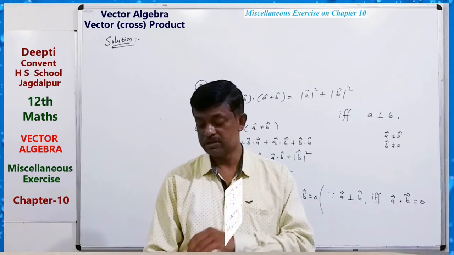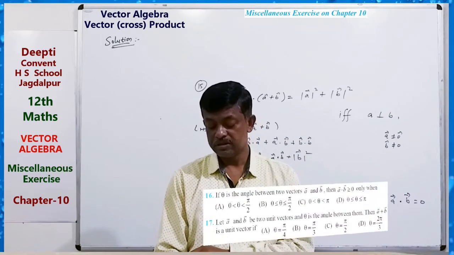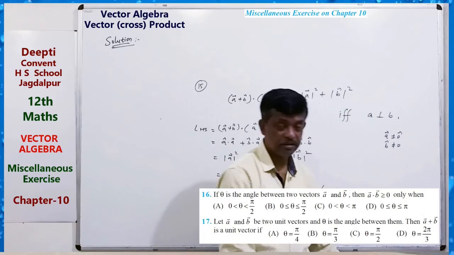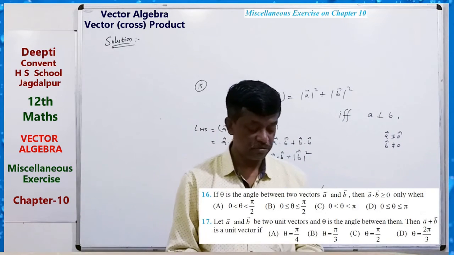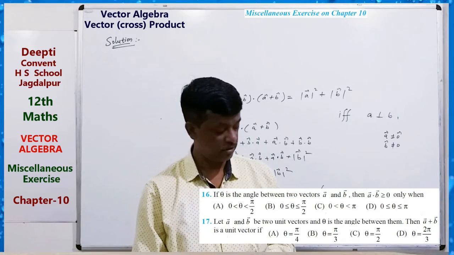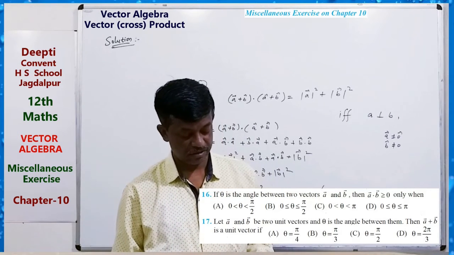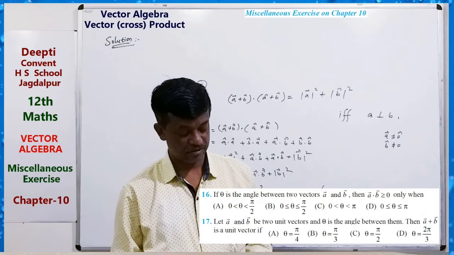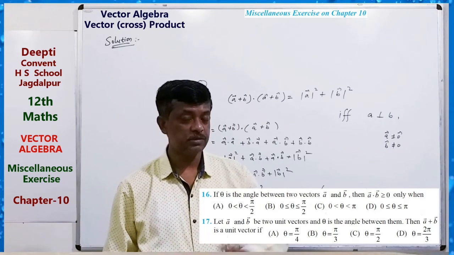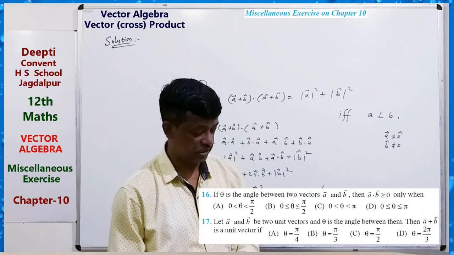Cos theta is greater than or equal to 0 when theta lies between 0 and pi by 2. So option B is correct.